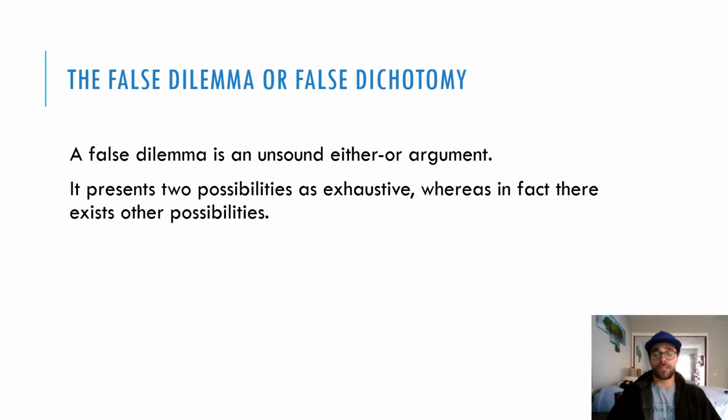Now, with the false dilemma or false dichotomy fallacy, we are essentially suggesting that an either-or argument is going to be bad because we are treating the two possibilities as exhaustive, whereas in fact there exist other possibilities.